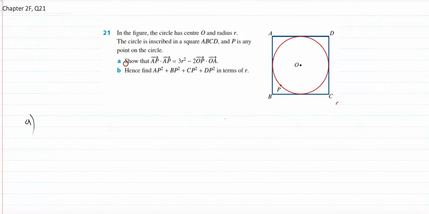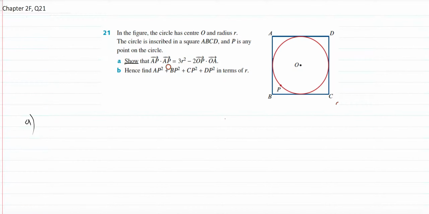Whenever you encounter a show question, you have to work on only one side, either the left hand side or the right hand side. Most of the time you would go with whatever side looks the longest because it's easier to simplify as opposed to expand.